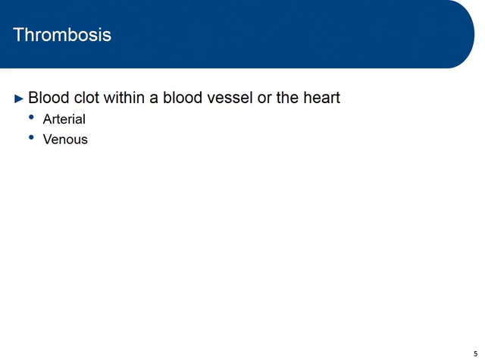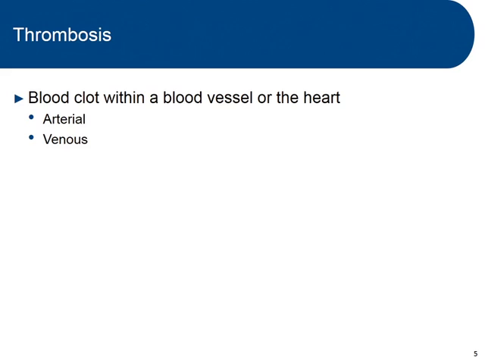So a thrombus is a blood clot. It's formed within a blood vessel, or it could be within the heart. Thrombosis is actually a pathologic functioning of the hemostatic mechanisms. So something's gone wrong. Now, blood clots can occur either as arterial thromboses or venous.